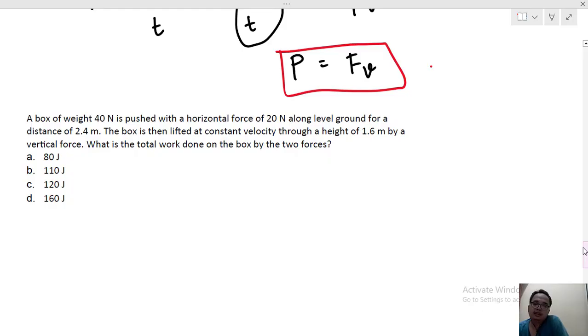The box is then lifted at constant velocity through a height of 1.6 meters by a vertical force. What is the total work done on the box by the two forces?